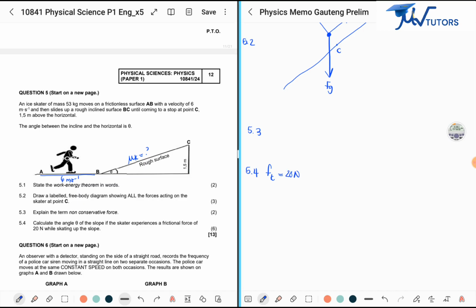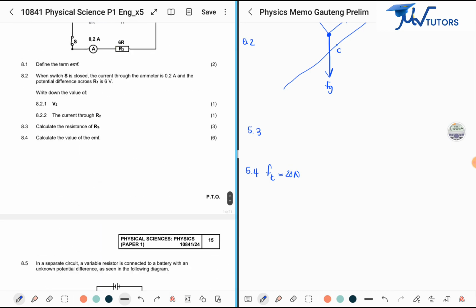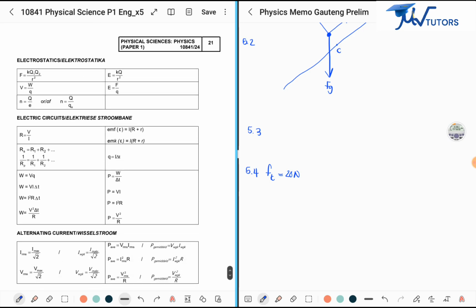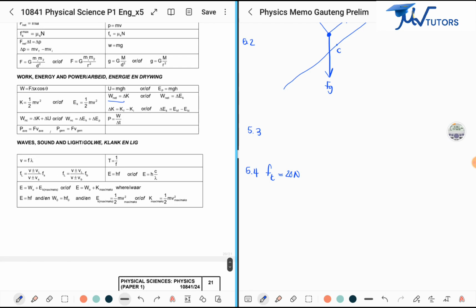Because we spoke about a non-conservative force, I will look for the equation that deals with it, which is the work done by the non-conservative force is equal to the change in kinetic energy plus the change in potential energy. I like using EK and EP actually.